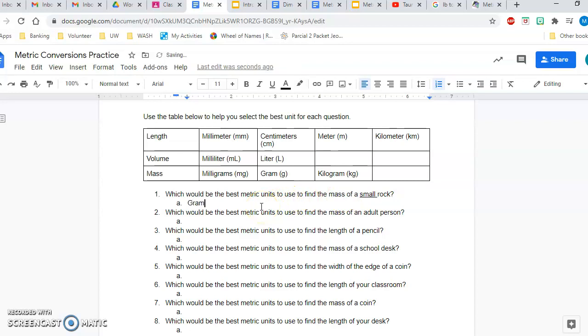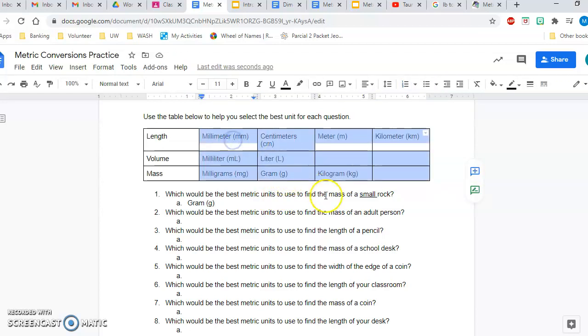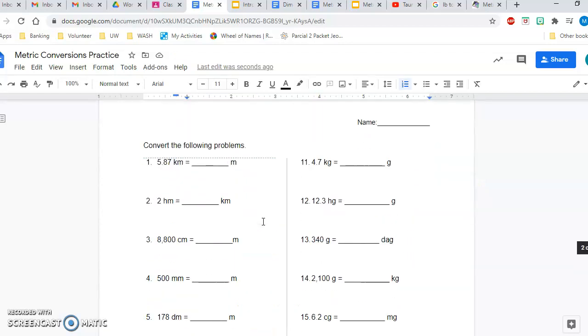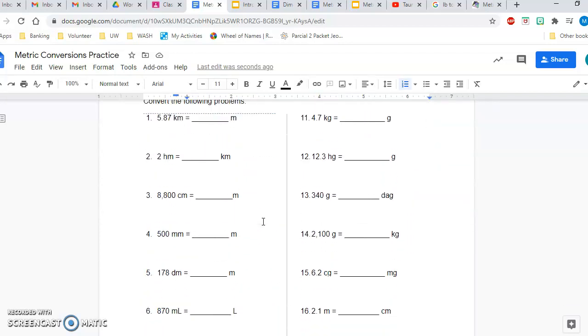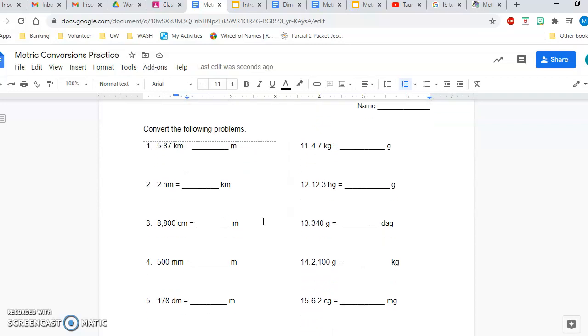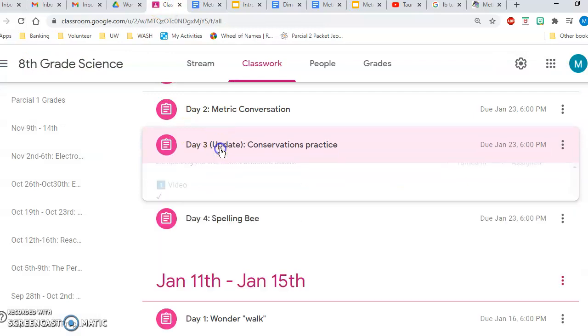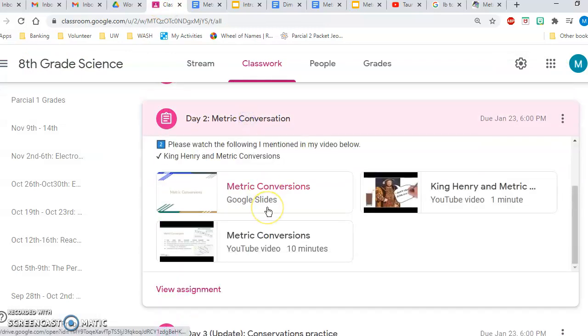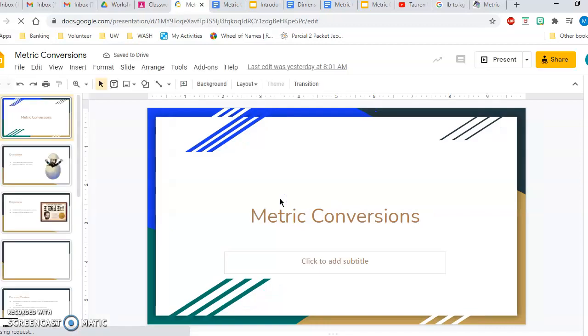So I just want you to pick the best option out of these units. But we're going to start in the conversions part, because I think this is the part that we might need a little bit more explaining to do, because you watched the video rather than me talking to you about it.